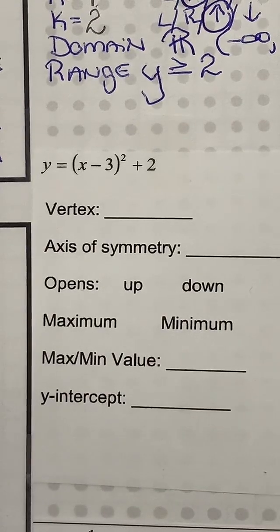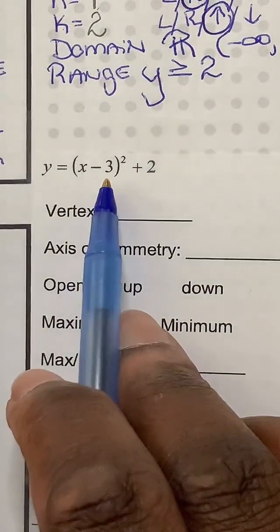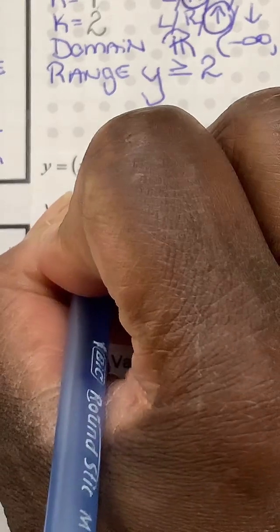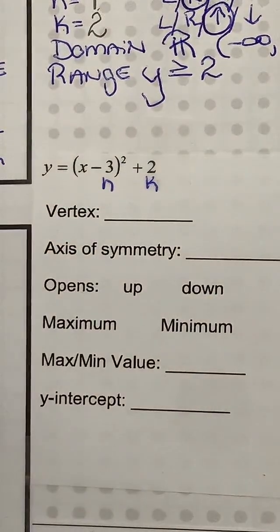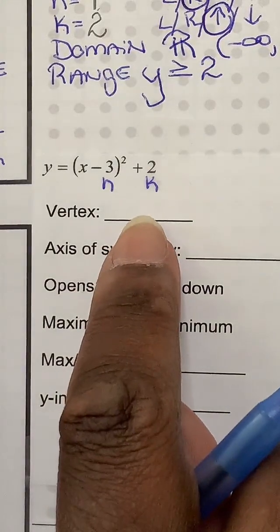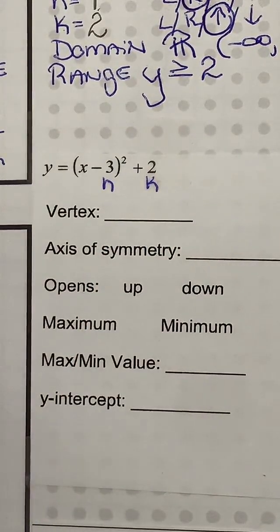So, for my vertex, remember, your vertex is basically here for your h and here for your k. What is my vertex?